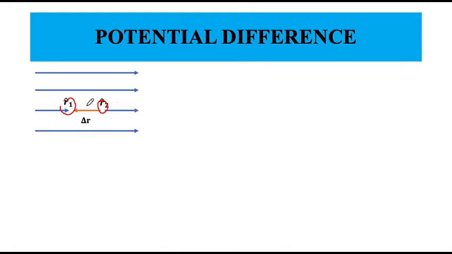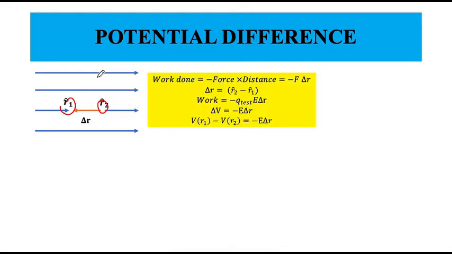So we will take this into account when we write down the expression for work done on the charge. Work done on the charge is the force that we apply times the distance that we are moving. If I call the distance delta R, from the figure delta R is R2 minus R1.